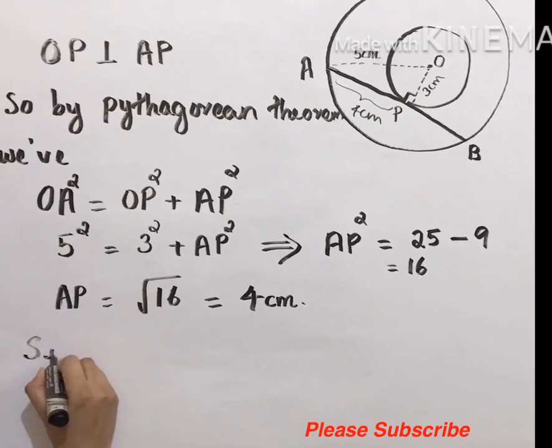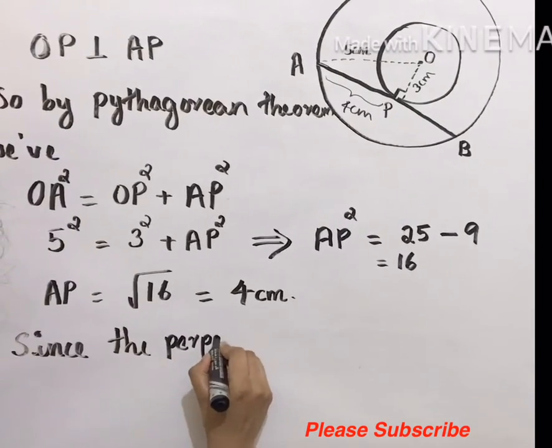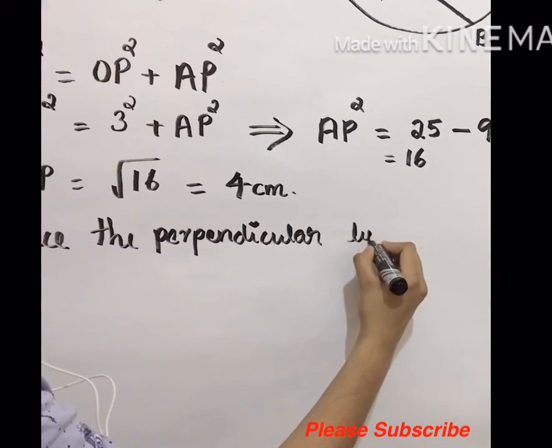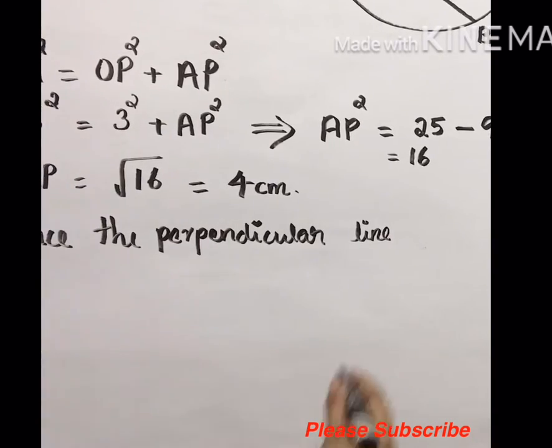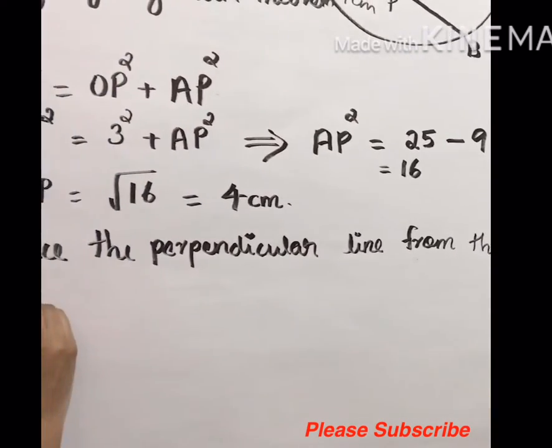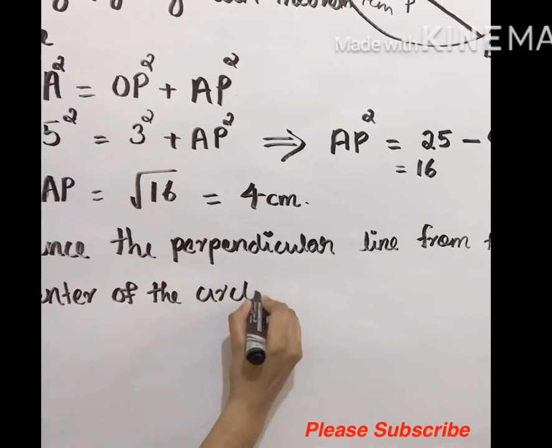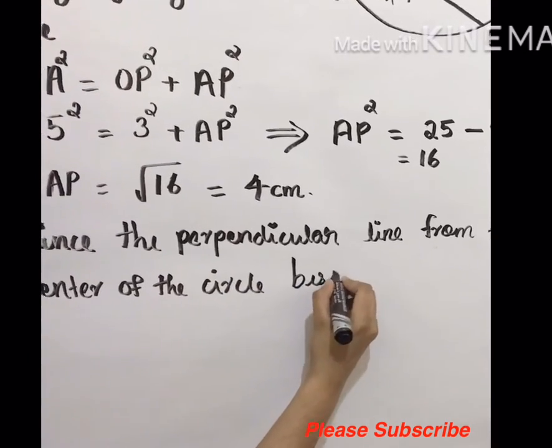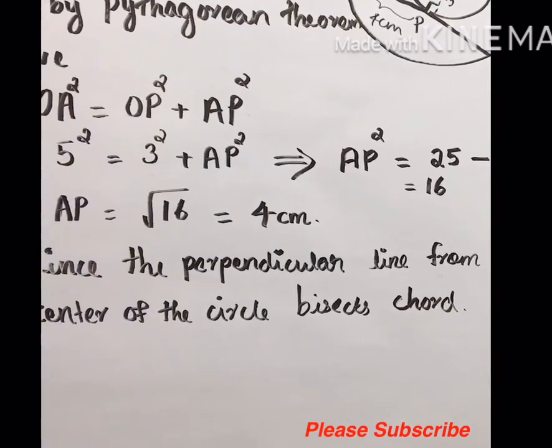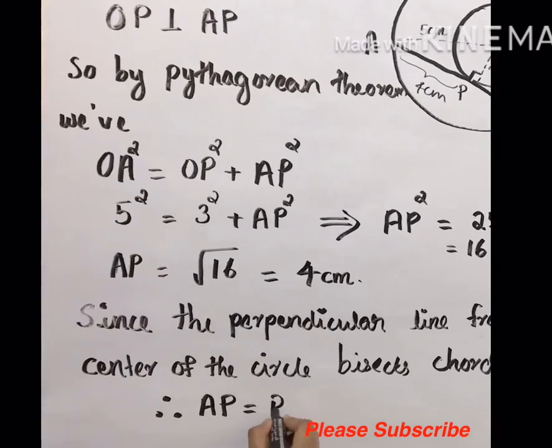Since the perpendicular line from the center of the circle bisects the chord, therefore AP is equal to PB.